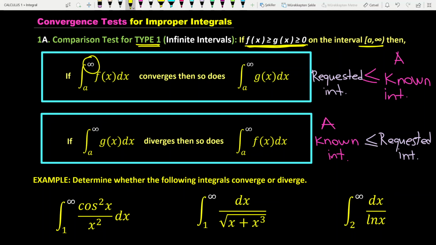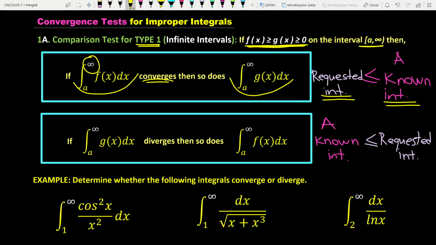If the improper integral of f converges, then the improper integral of g must be convergent. So what does it mean? Assume that we have a known integral, and we have an improper integral in the question that it is requested to find.